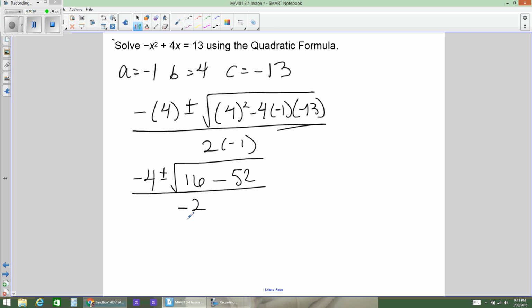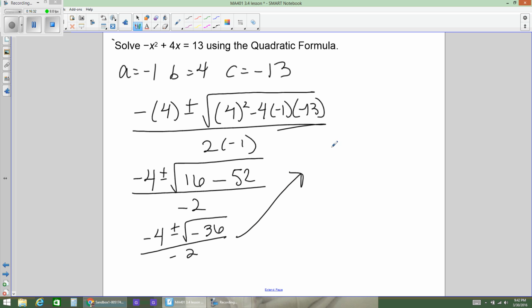All right. So now I'm going to go ahead and reduce that out, or simplify. So negative 4 plus or minus square root of negative, so what is 16 minus 52? 4 gets me to 20, and 32, so 36 over negative 2.